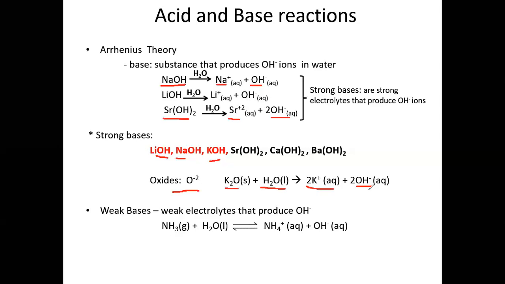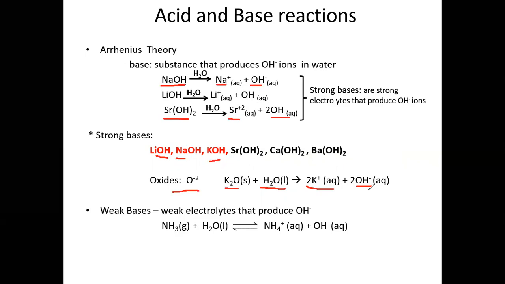Caffeine is a weak base. What else? Nicotine is found in tobacco or in vaping. Nicotine is a weak base. Amphetamine, which is found in some drugs, amphetamine is a weak base. So these compounds that contain nitrogen, which are commonly called amines, are weak bases.